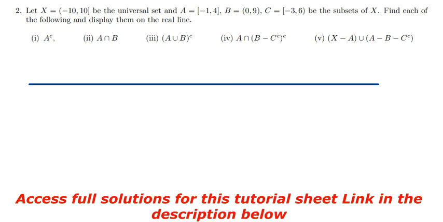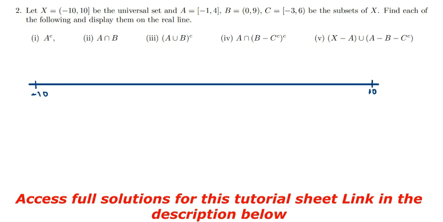That is our universal set. So what we're going to do now is, instead of listing all the elements, starting from negative 10 all the way to 10, which is going to be tedious, you only put the numbers on the line which you have here.